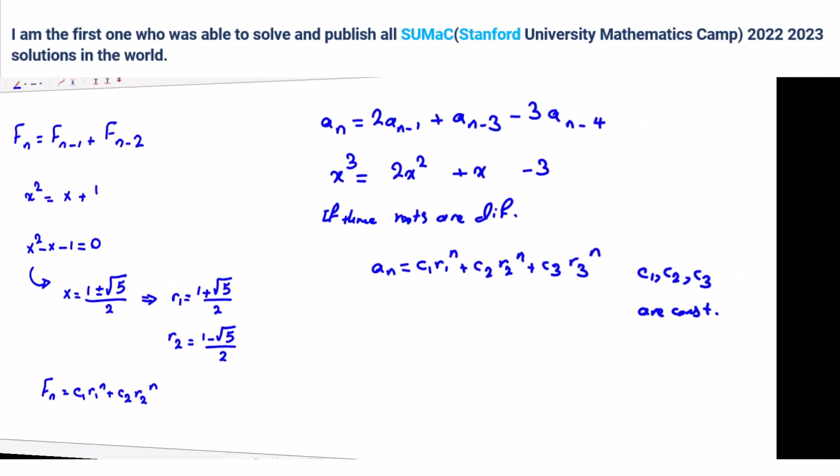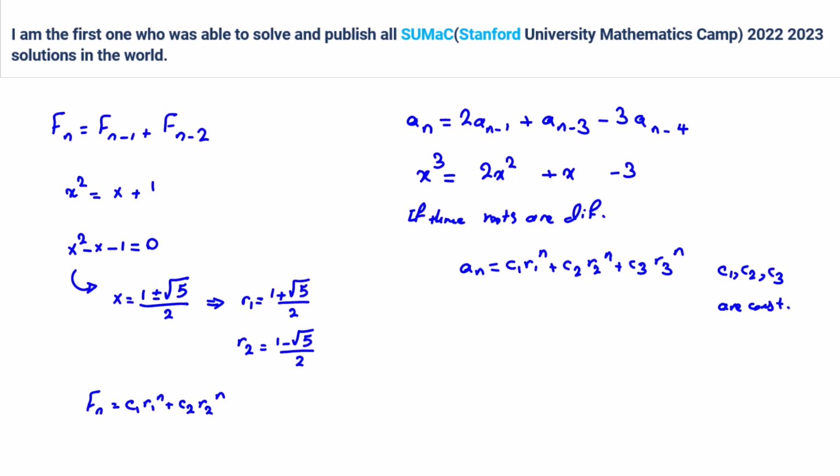Okay, I got 1 over root 5 for the positive root, and negative 1 over root 5 for the negative root.